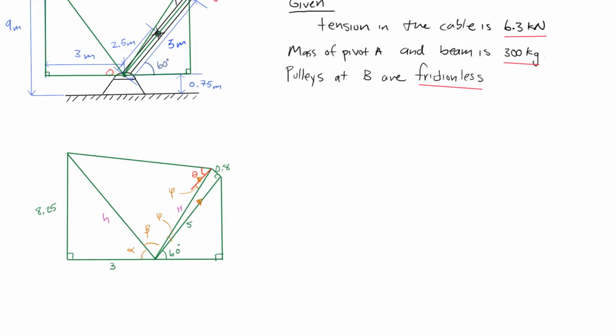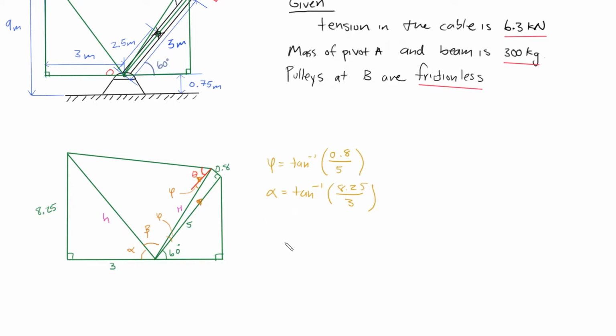So let me start off with the angles. We're going to define psi as the tan inverse of 0.8 divided by 5, as you can see by this right triangle. And we can define alpha as the tan inverse of 8.25 over 3.